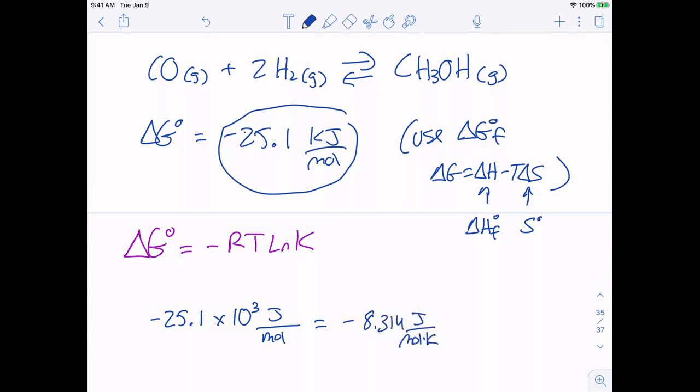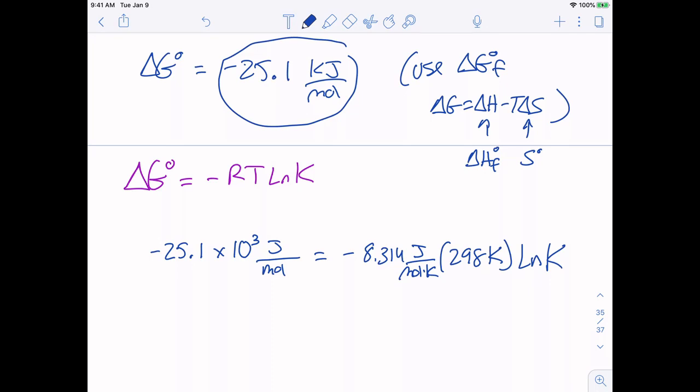So my gas constant multiplied by my temperature multiplied by the natural log of my unknown, right? We're solving for K. So I'm going to do all of the work except for the last step.